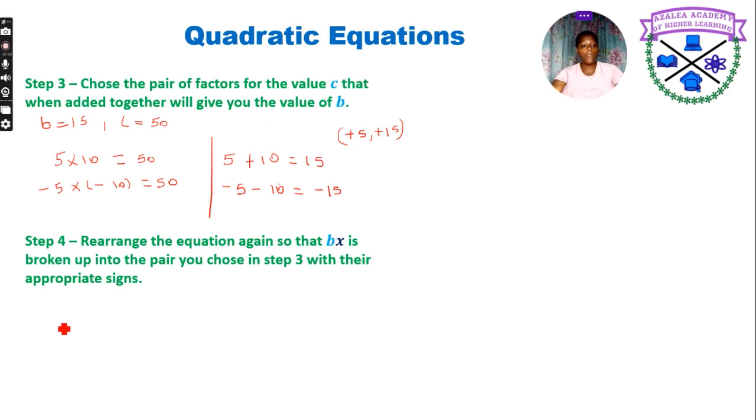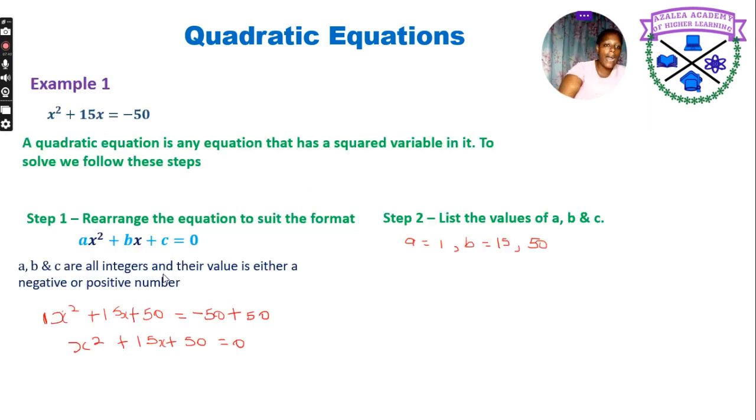Okay, finished? Let's continue. In step 4, we are going to rearrange our equation again so that bx is broken up into the pair that we chose in step 3. So if we remember, bx here is 15x. Now how would we know what is ax squared, bx, and c?